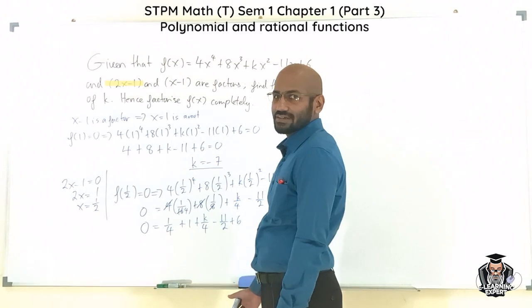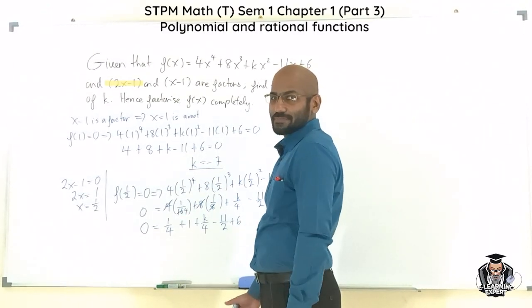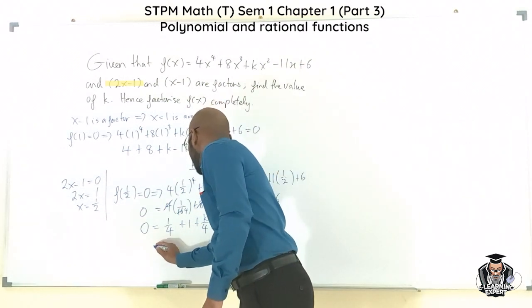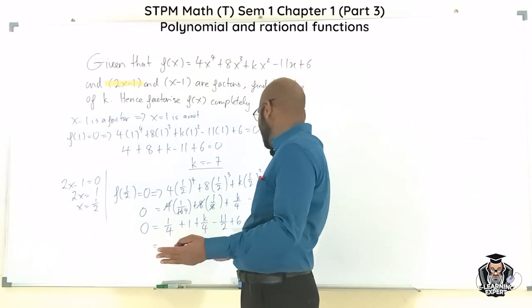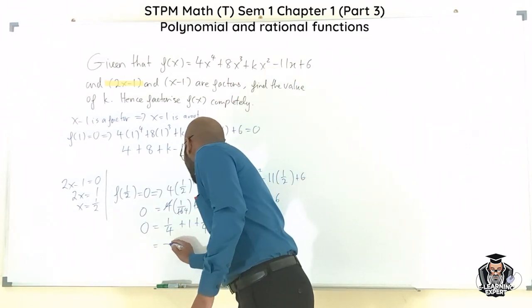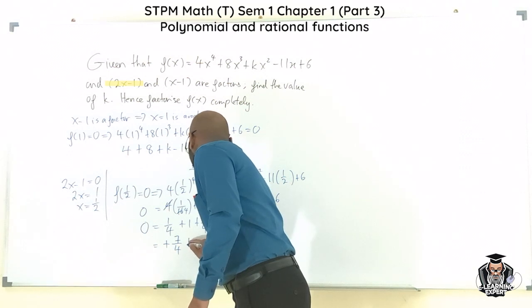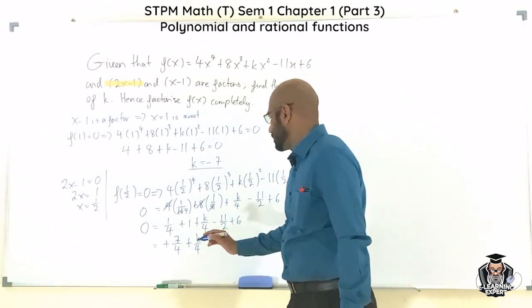Just press your calculator. 24 minus 17. Anybody? Is going to be plus 7 over 4 plus k over 4. 24 minus 17 is positive 7 over 4.